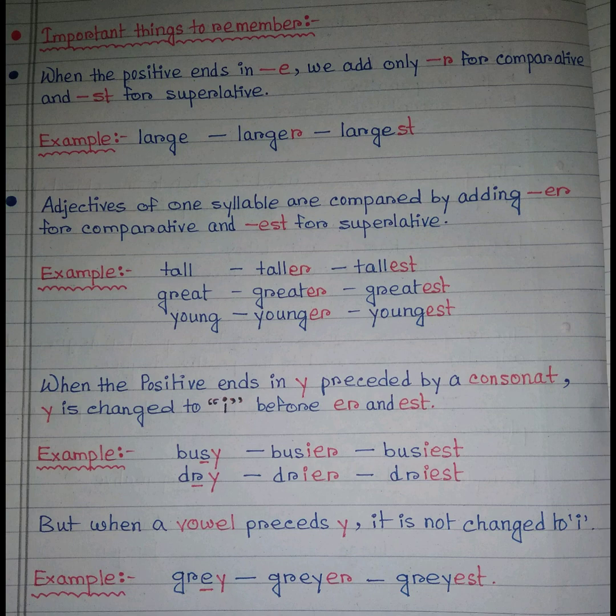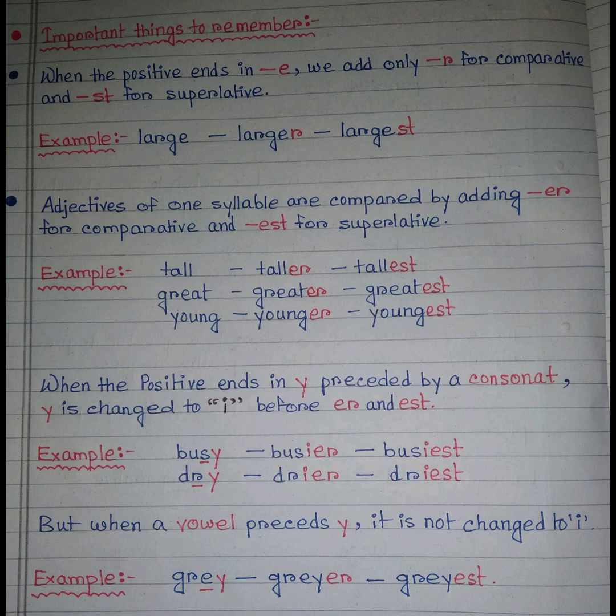The second thing we have to remember, and that is adjectives of one syllable are compared by adding er for comparative and est for superlative. As for example, tall, taller, tallest, great, greater, greatest, young, younger, youngest. The third thing we have to remember, and that is when the positive ends in y preceded by a consonant, y is changed to I before er and est.